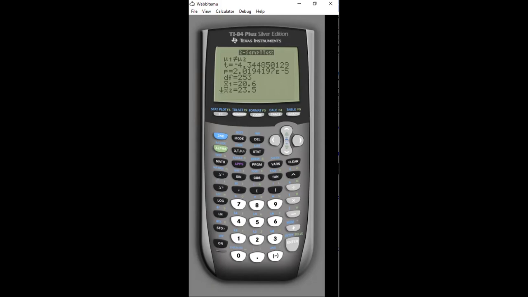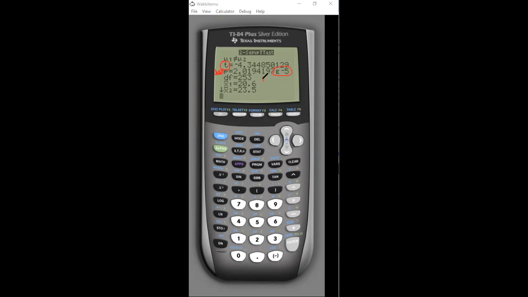Here you will see this is your t-statistic, negative 4.344. And your p-value is here. Don't forget to read this one: 2.0194 e to the negative 5.